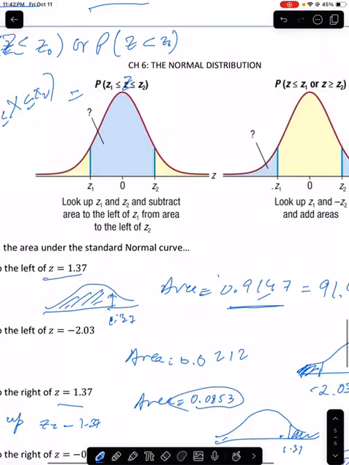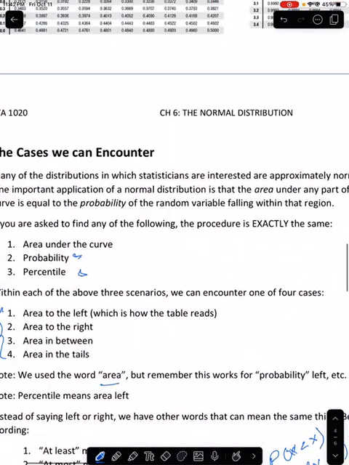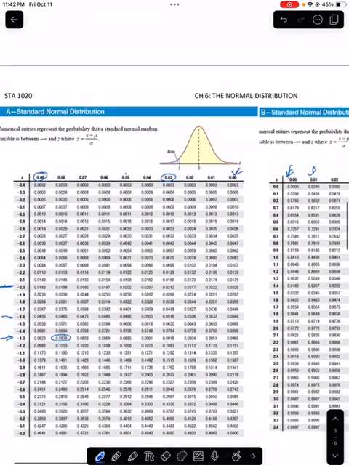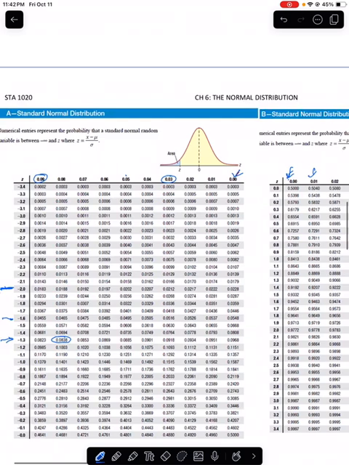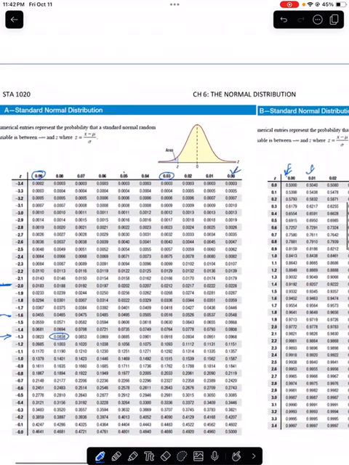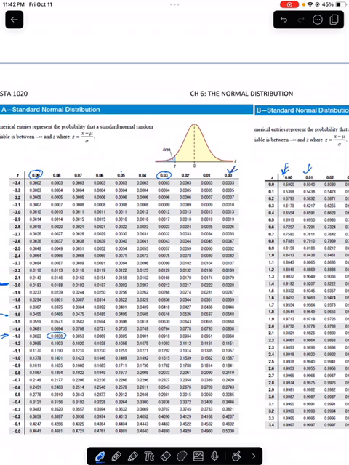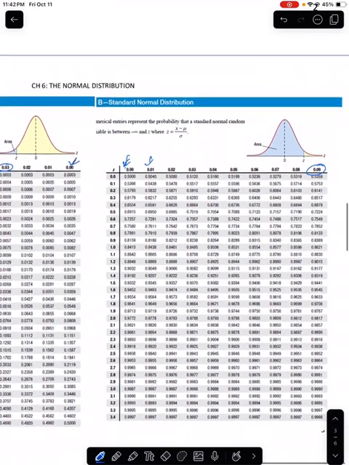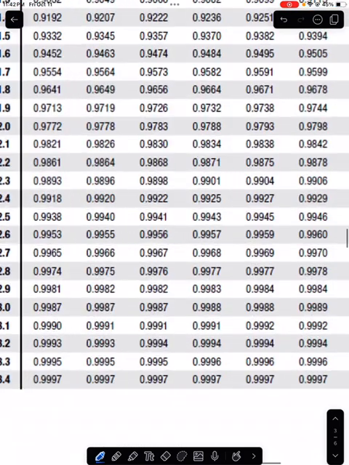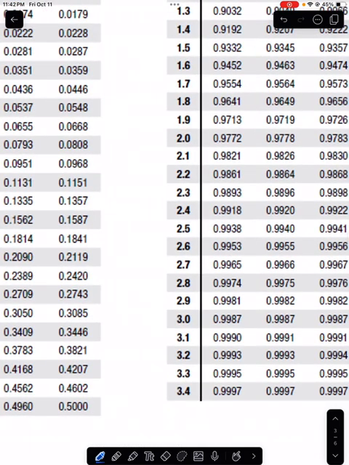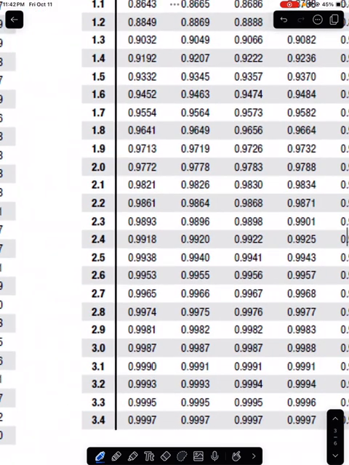Okay, I will fix that when we go back. And then the other value we have to look up is 2.0. So we have to go to the positive table. 2.00 is the first column. So we have the number 0.9772.